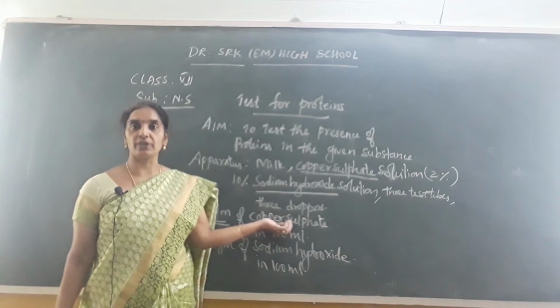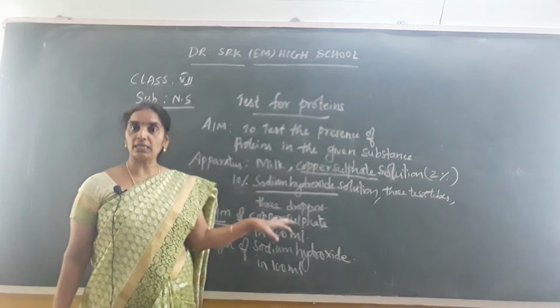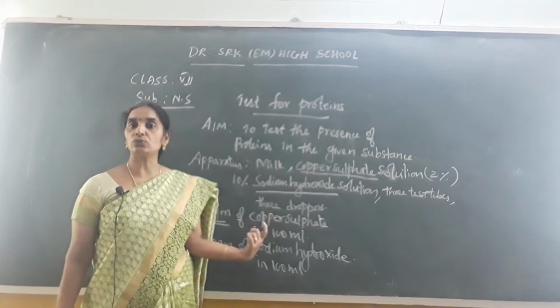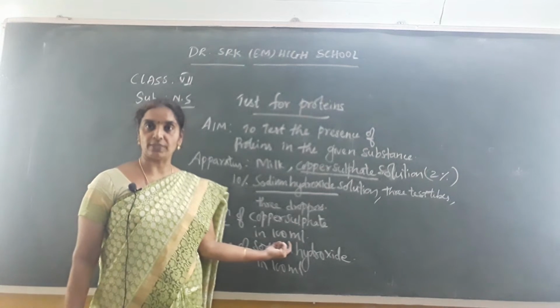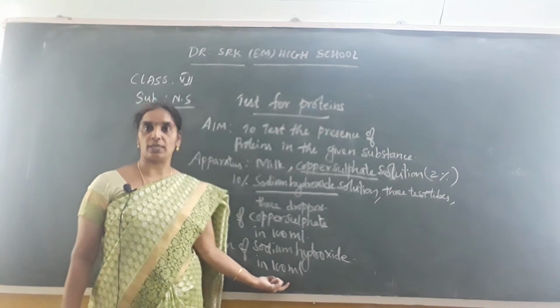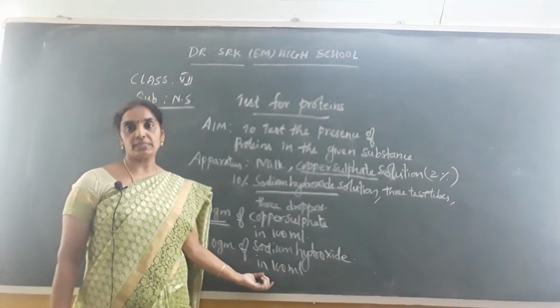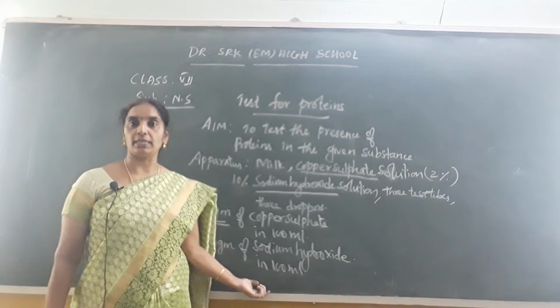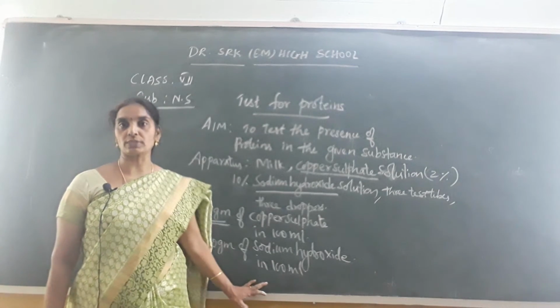Copper sulfate is bluish green in color and in powdered form, and you can make a solution by adding 2 grams of copper sulfate in 100 ml of water. Then you have to prepare the sodium hydroxide solution with 10 grams of sodium hydroxide pellets in 100 ml of water, that is 10% sodium hydroxide solution.